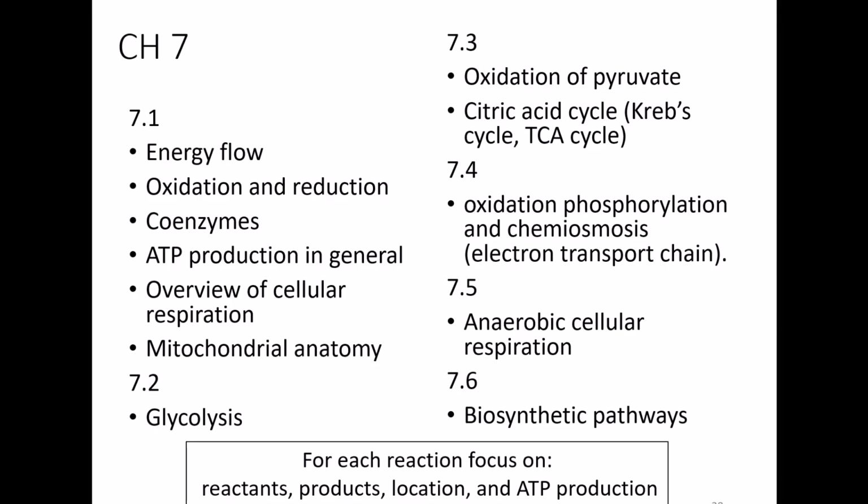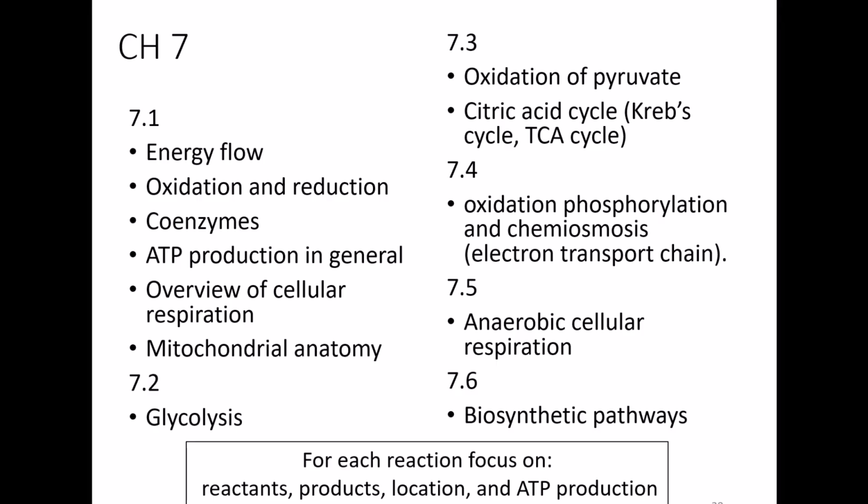So big picture, cell respiration is for the production of ATP. Mitochondrial anatomy: the liquid part of the mitochondrion is the matrix, and the inner membrane is called the cristae. And then we went through the reactions of cellular respiration. So we had glycolysis, oxidation of pyruvate, the citric acid cycle, and the electron transport chain. We compared aerobic and anaerobic cellular respiration to each other.